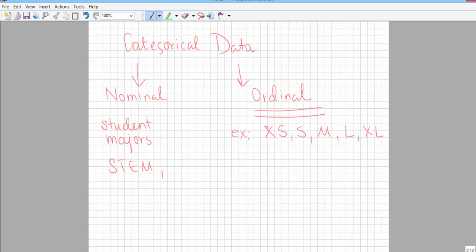You could have business administration, nursing, computer science, and so forth. And none of them really matter which way they come, right? The order here doesn't make any difference. Okay, there's no one natural way of ordering this. Okay, so these are your ways to determine what type of data you're dealing with.